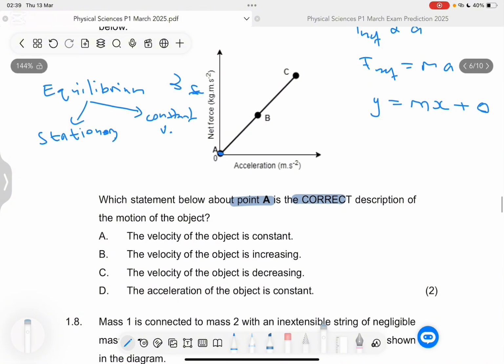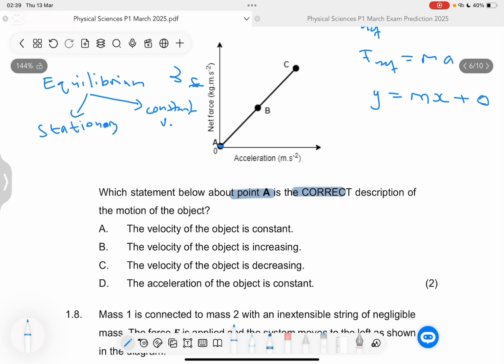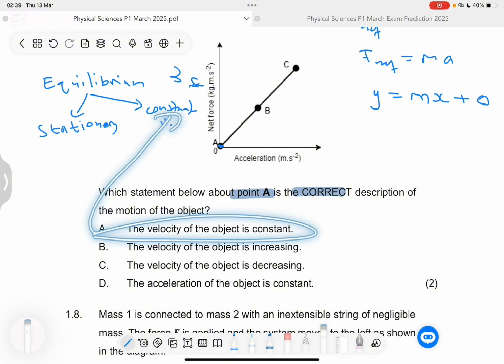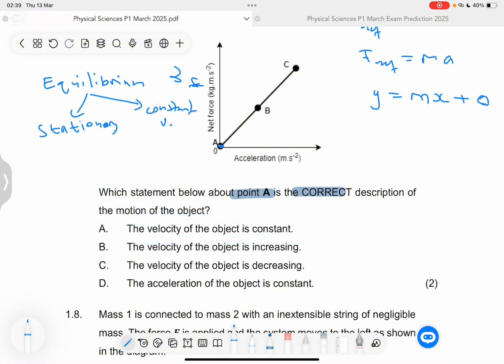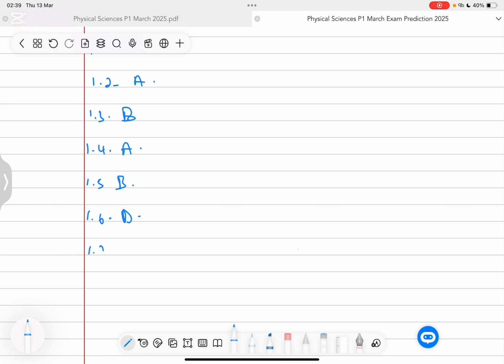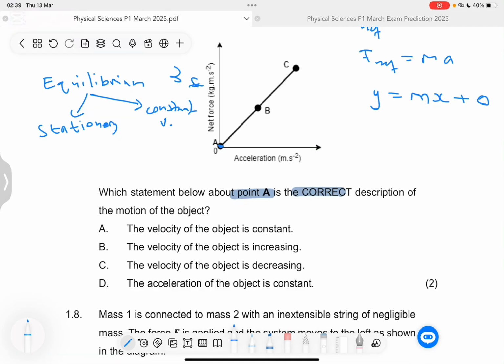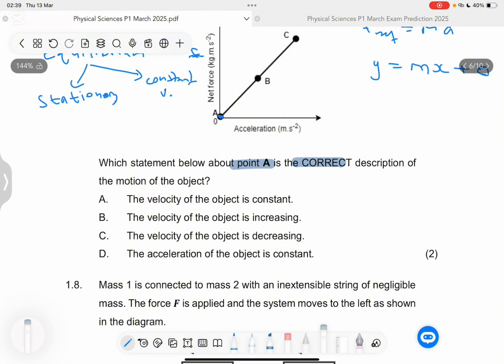Now let us look at our options. They say here that on A, the velocity of the object is constant. That's true because it's exactly what we have here in equilibrium. It's one of the options of equilibrium. So I'm going to choose my answer here to be A. We can check the other ones just to make sure that there is no other one that clashes with A. So the velocity cannot increase, the velocity cannot decrease at A really, because the acceleration is 0 and the net force is 0.